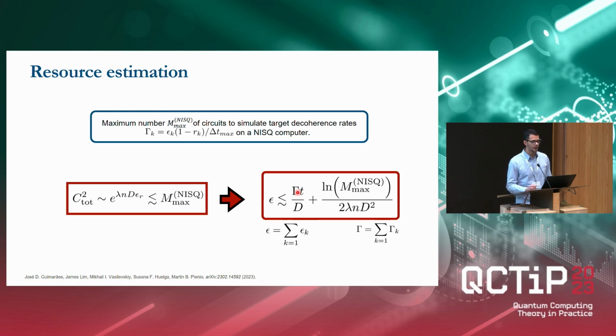This means that the smaller this gamma is, the harder it will be for the quantum computer to simulate this system. But even with a smaller total gamma, we can still increase the capability of the quantum computer to simulate this target open system model by exponentially increasing the circuit budget, so the total number of circuits that can be executed for a period of time. So this is some resource estimation of this technique.